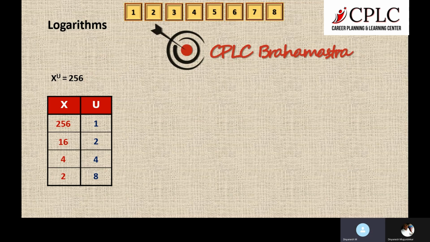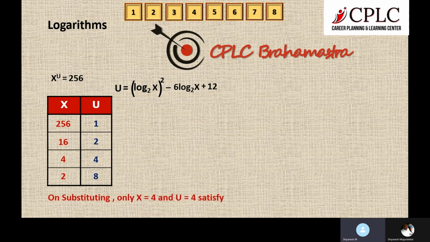And then what you will now have to do is, by trial and error, substitute all these values of x and u one by one in that other bigger equation as well, which is this one. And when you do that, you will realize only one set of values satisfies, which is x and u both equal to 4.